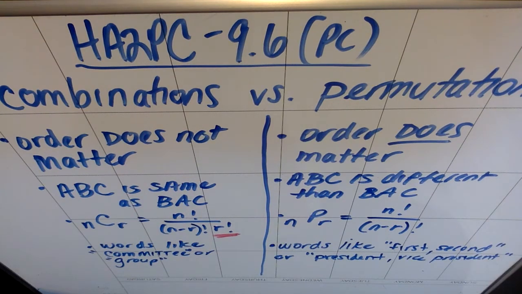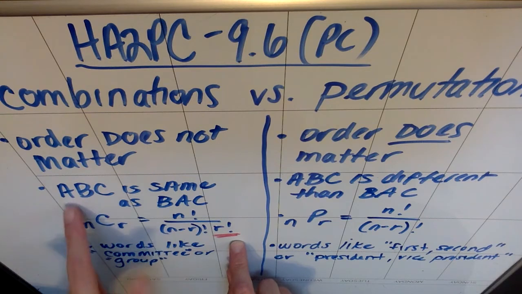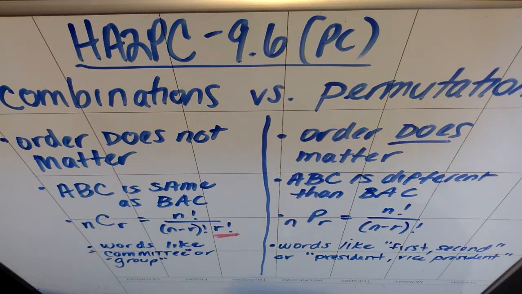So again, you can kind of figure out the logic of why that's true, because essentially, you're dividing by the number of redundant answers if the order doesn't matter. If ABC and BAC are the same answer, then when I divide by that r factorial, I'm essentially getting rid of all of those redundant answers, because there will be a lot of them. ABC is the same as BAC, which is the same as ACB, which is the same as CAB.